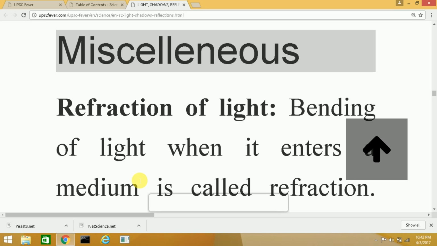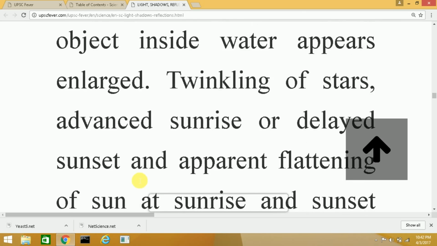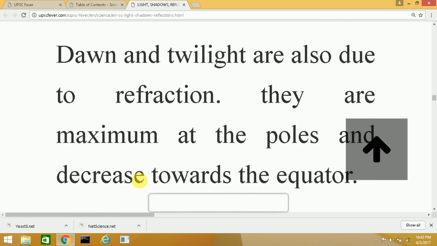Dawn and twilight are not seen in the equatorial regions, but these are also examples of refraction. The maximum length of dawn and twilight is seen at the poles, and the duration of dawn and twilight decreases towards the equator, and it is almost zero at the equator.